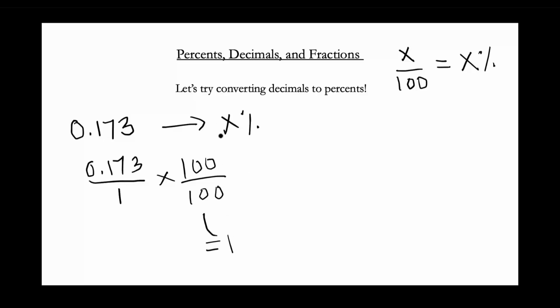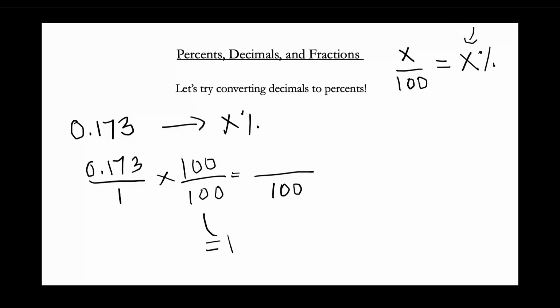But what this does allow us to do is to get a product as a fraction with the denominator being 100. So 1 times 100, if we look here in our denominator, is 100. And we know that whatever we get here, so 0.173 times 100, the product of that is going to equal our percent.